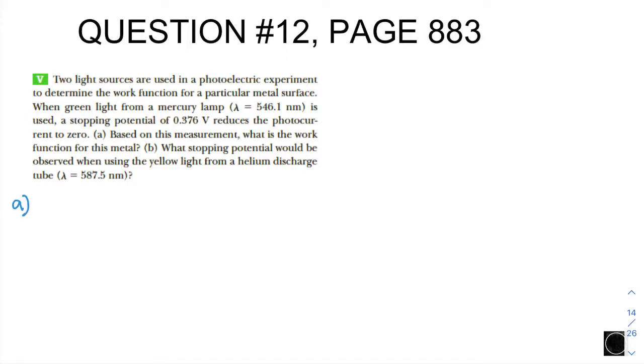The maximum kinetic energy of the ejected electron or photoelectron, Ke max, is equivalent to e delta Vs. The stopping potential is given to us, 0.376 volts, when the incident light has a wavelength of 546.1 nanometer.